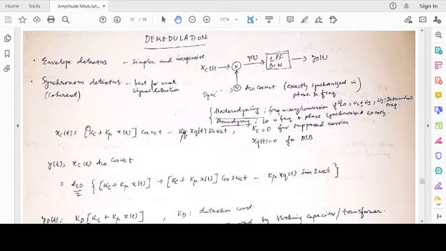So yt, the output, is obtained when xct is mixed with the local oscillator signal, which is ALO cosine omega ct, and then the output is low pass filtered with the low pass cutoff as W, the message bandwidth, and you get the detector output, the demodulated output.